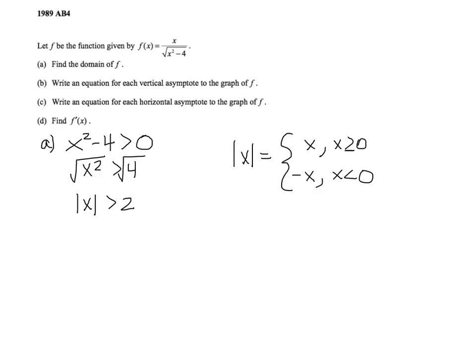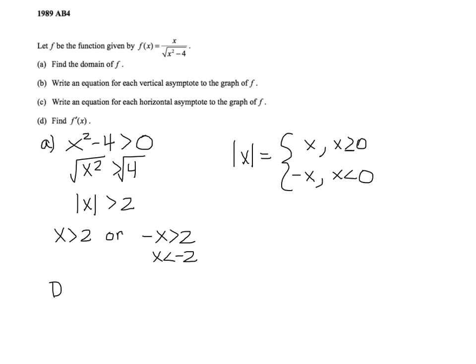So I'm going to have positive x greater than 2, and it's a greater, so I'm going to have an or. And then since the negative case, I'm going to have negative x is greater than 2, but usually what we do is we'll just go ahead and divide by the negative and flip the inequality sign around for our piecewise.